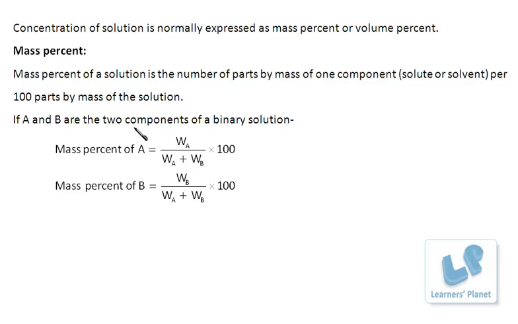How is this mass percent calculated? Mass percent of a solution is the number of parts by mass of one component. Now that component can be either solute or solvent. We'll take a simple solution, that is a sugar solution. So what will be the mass percent of sugar?